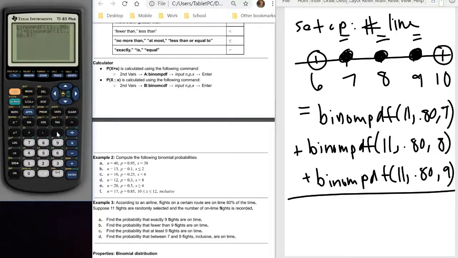Then we'll close out the second binom PDF, plus, and then we'll do second vars one more time with 11, probability of success, and we can equal to 9 now. So 3 binom PDFs, the probability that 7 to 9 flights are on time out of 11 is 0.627.